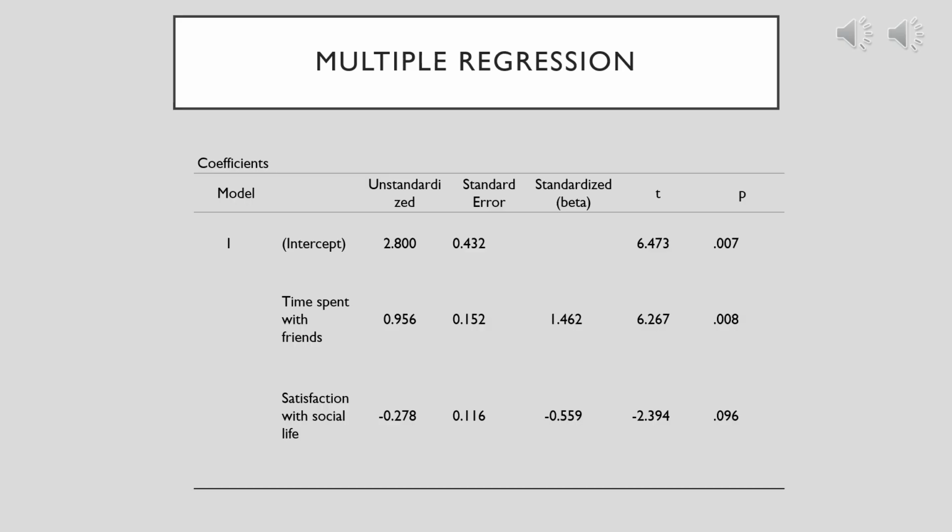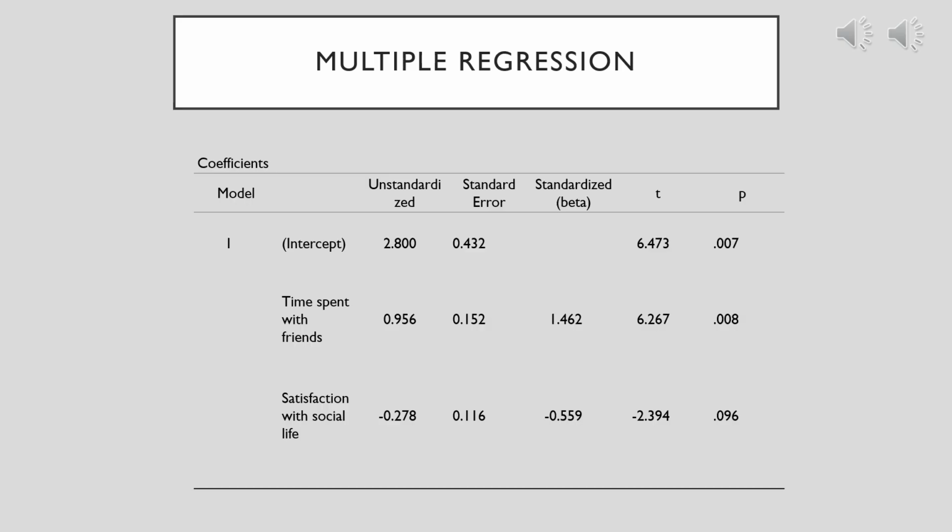So if it's a scale of 1 to 10, then this is just 0.956 happiness units, essentially, on that 1 to 10 scale. The standardized beta coefficient of 1.462, that is saying that for each 1 standard deviation increase in time spent with friends, we expect 1.462 standard deviation increase in happiness.